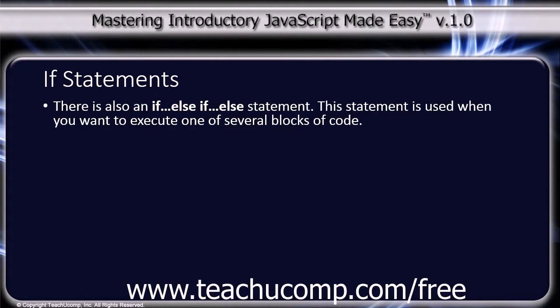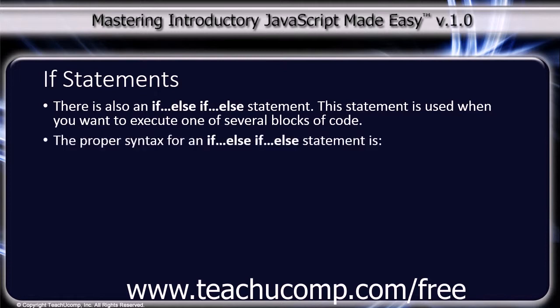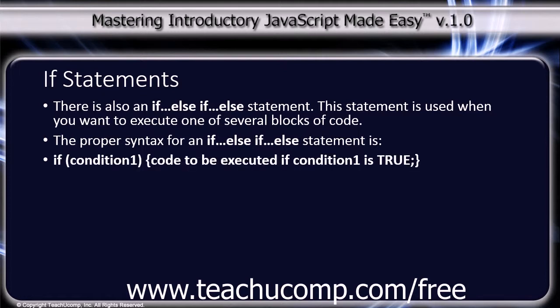There is also the else-if statement. This statement is used when you want to execute one of several blocks of code. The syntax for an else-if statement is if, and condition 1 to be tested contained in parentheses, followed by the open curly brackets and the code to be executed if condition 1 is true, and close curly brackets.